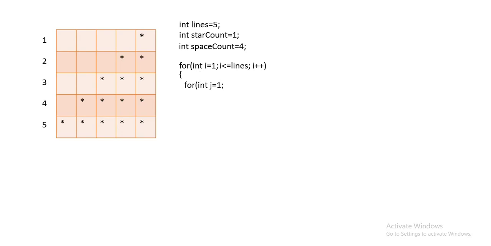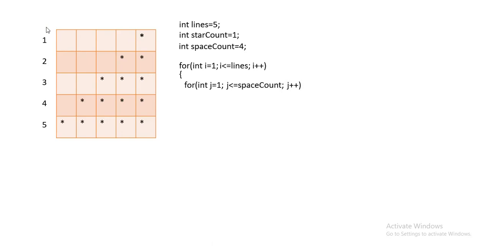The first loop is going to start from 1, then it goes up to the space count variable, that is 4. Then each time we are going to increment j because when we are on the first line we need to print space on the first block, second, third and fourth block.